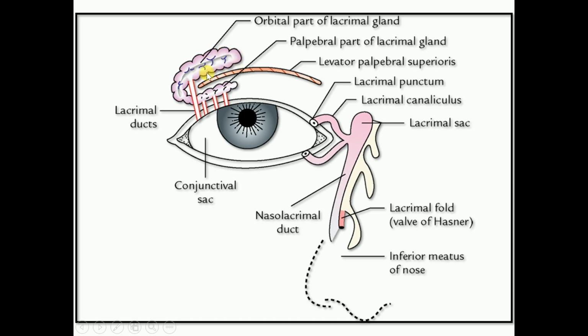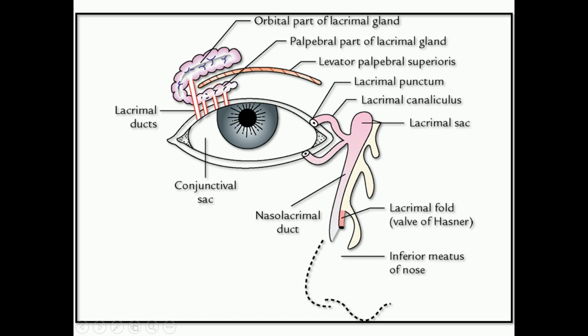It is present within the lacrimal fossa, and on the posterior aspect it is continuous with the palpebral part by the tendon of the levator palpebrae superioris. The palpebral part is the smaller one and lies within the peripheral portion of the upper eyelid.